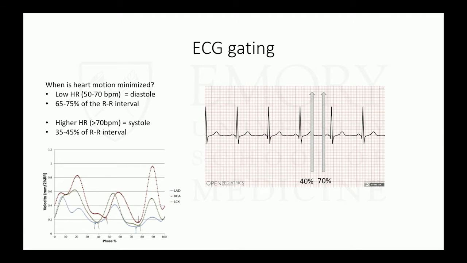And so this is a depiction showing where coronary motion is minimized. Our sweet spots, where we're really looking to freeze cardiac motion as much as possible, are in this 40% window, which is end systole, and around 70% in diastole, during isovolumetric relaxation time.